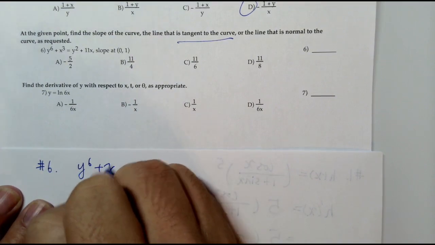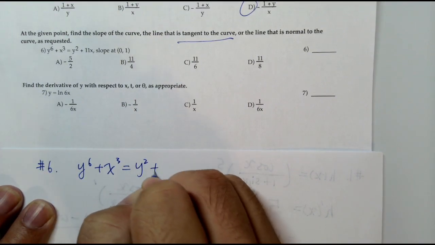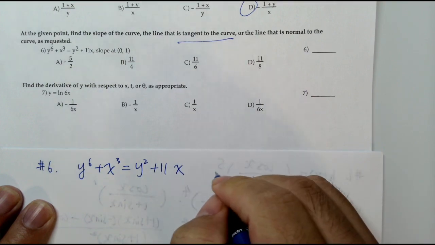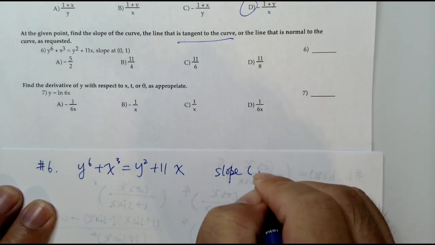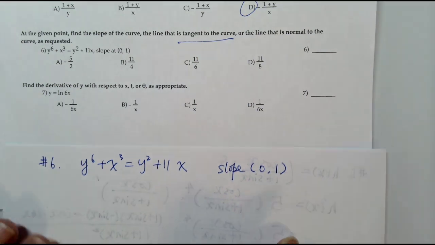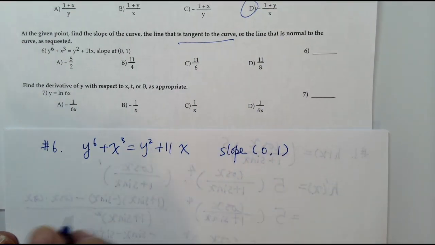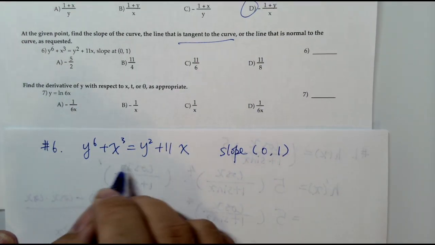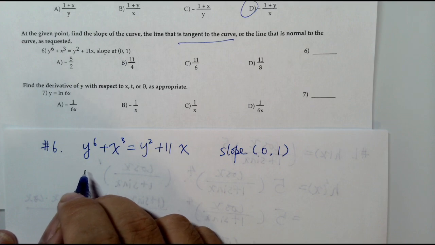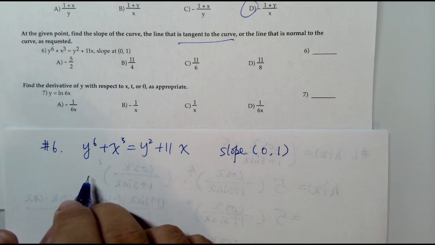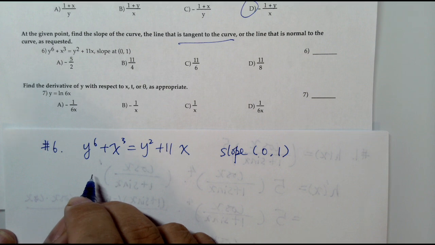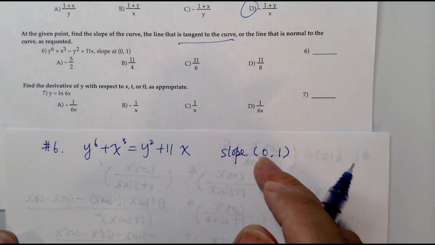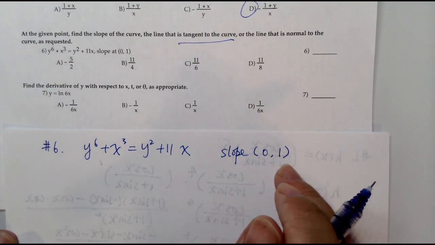y^6 plus x cubed equals y squared plus 11x, and the slope at (0, 1). Okay, so basically this problem tells us to figure out the dy/dx using implicit differentiation, and then evaluate at this specific point.